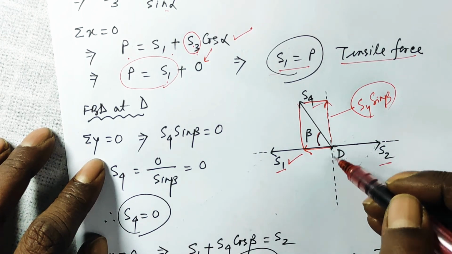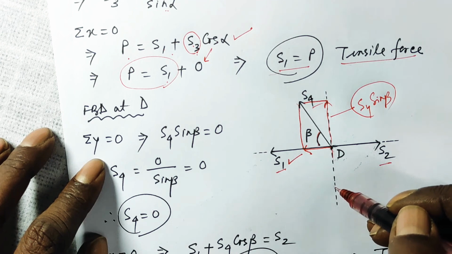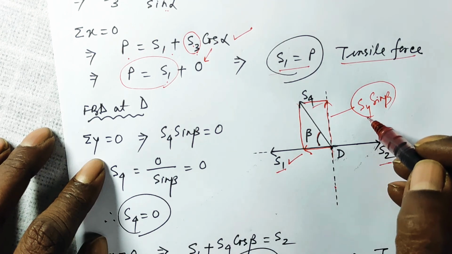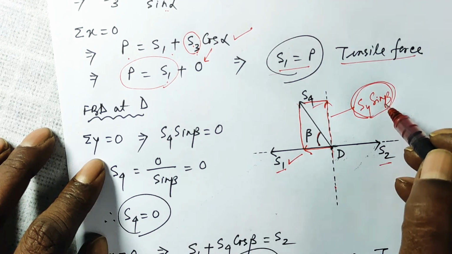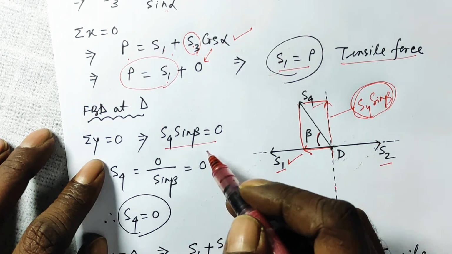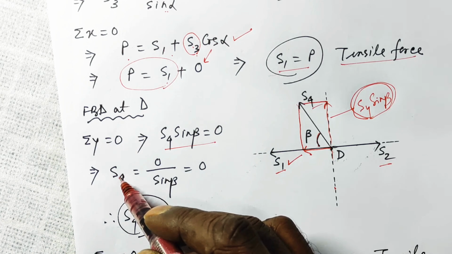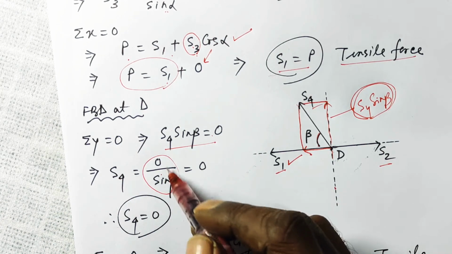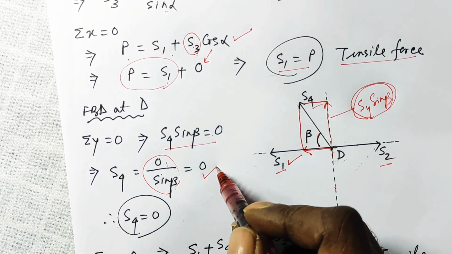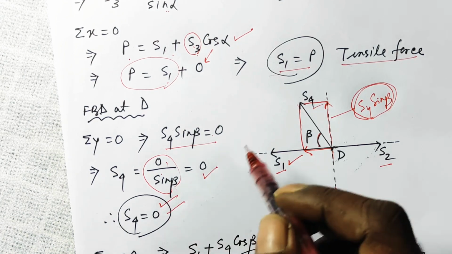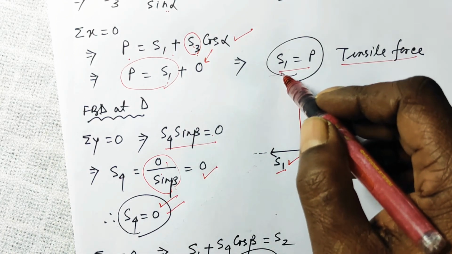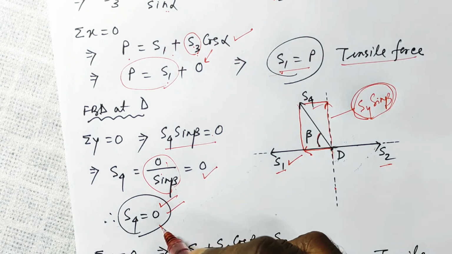Along the y-axis, there is no force to this side. Sigma y has to be 0. Therefore S4 sin beta is equal to 0, so S4 is equal to 0 over sin beta, and 0 over something is 0. So S4 is 0. So S1 is calculated, S3 is calculated, S4 is calculated.